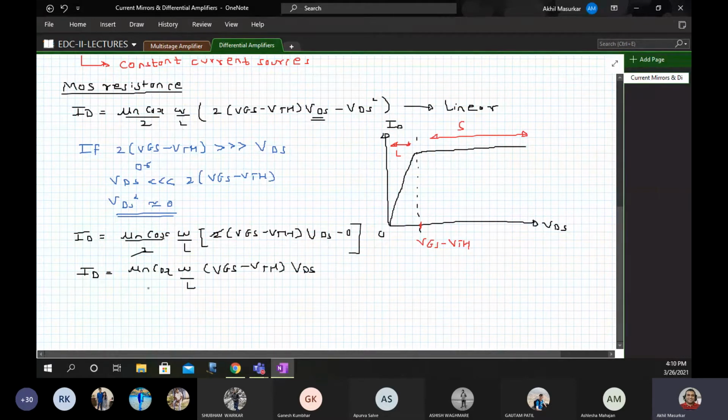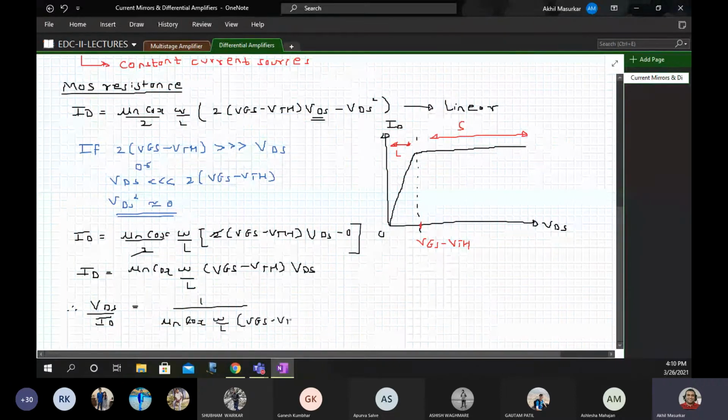So if I get VDS on this side, I can write VDS upon ID is equal to 1 upon mu n COX W by L into (VGS minus VTH).